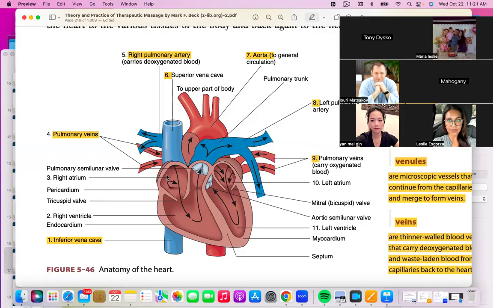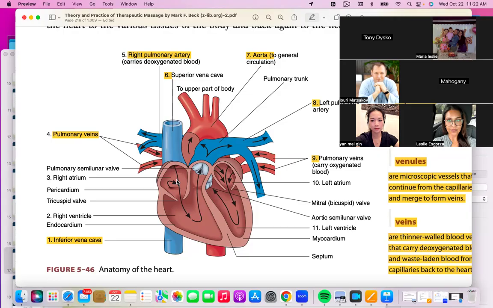So the right atrium receives oxygen-poor blood from the large superior and inferior vena cava. The superior vena cava collects blood from the upper extremities and the head, while the inferior vena cava collects from the organs and the lower limbs. They're all going to collect and dump through the vena cava into the right atrium.